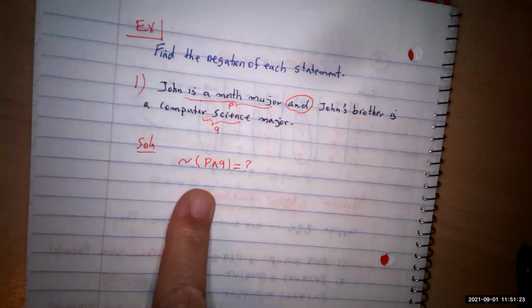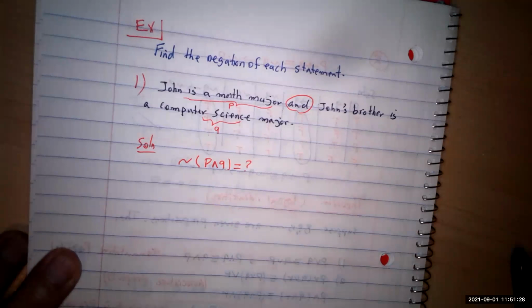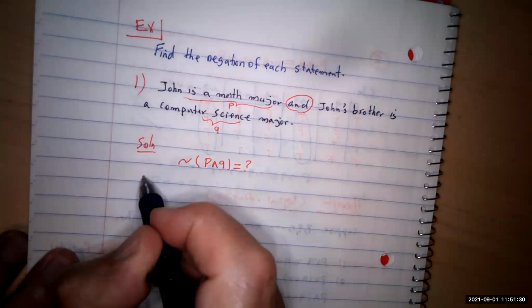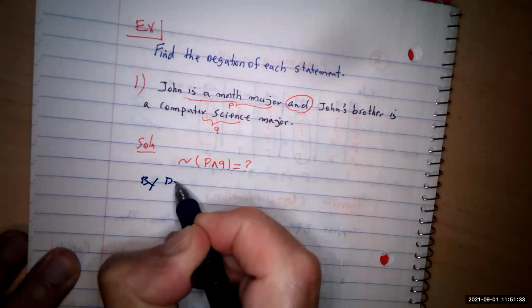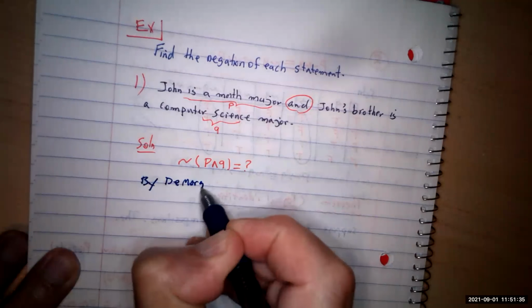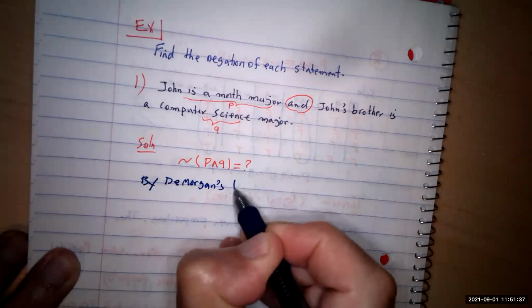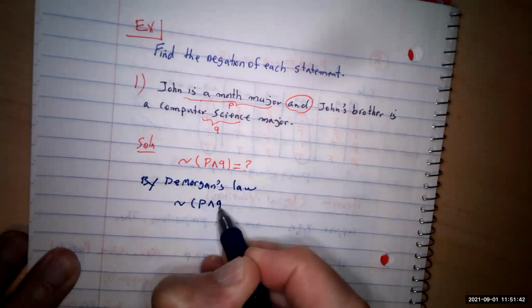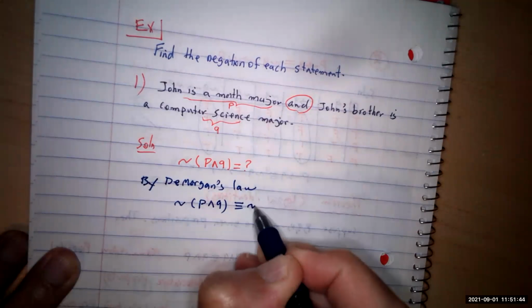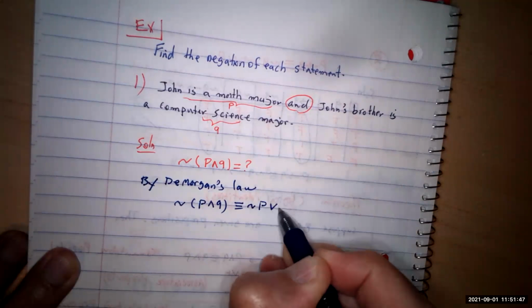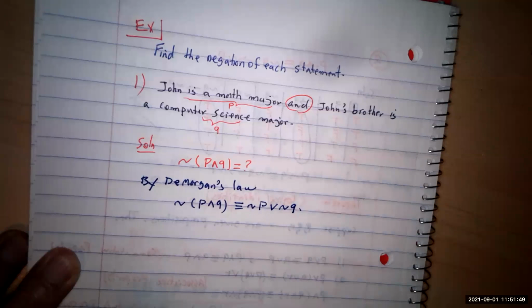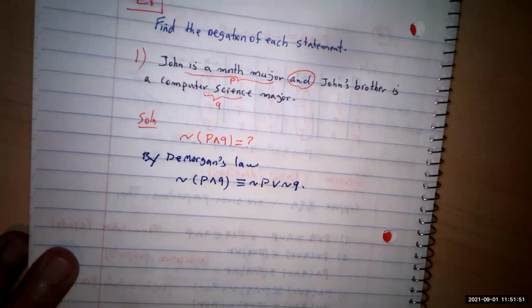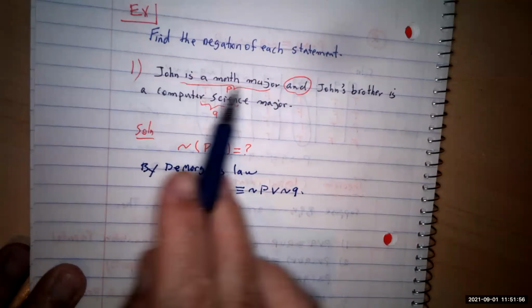Now, you know what this means? Remember De Morgan's law: not P or not Q. So remind yourself that with De Morgan's law, the negation of P and Q is the same as the negation of P or the negation of Q. Now give us a translation in word form.